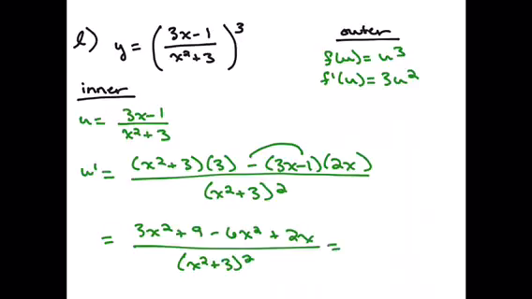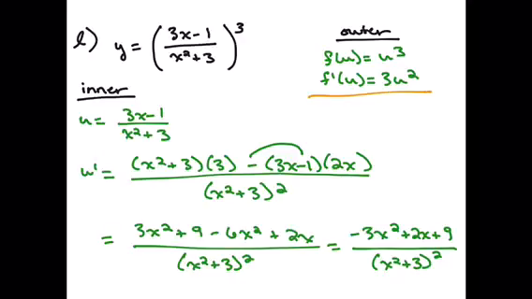And 3x squared minus 6x squared is negative 3x squared plus 2x plus 9 over low squared.